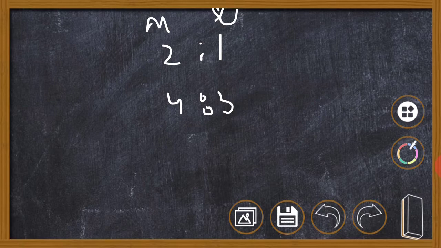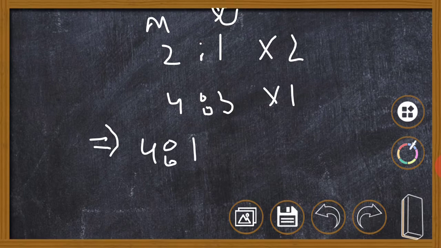So what we need to do is just multiply the first ratio by 2 and the second ratio by 1. So the ratios become 4 is to 2 and 4 is to 3.